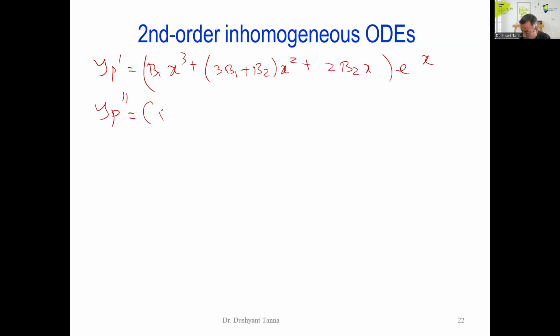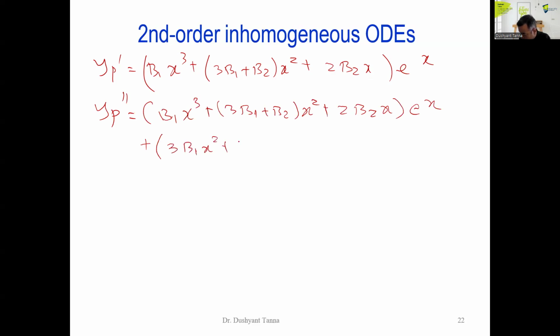I'll keep this one as it is. And differentiation of e raised to x is e raised to x. Okay, now this differentiation: 3b1x squared, 2 times 3b1 plus b2 x, plus 2b2, e raised to x.